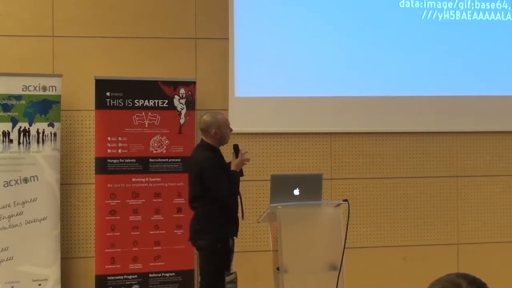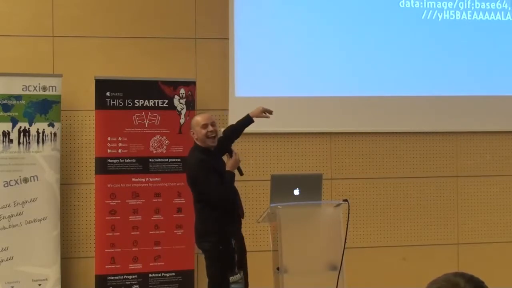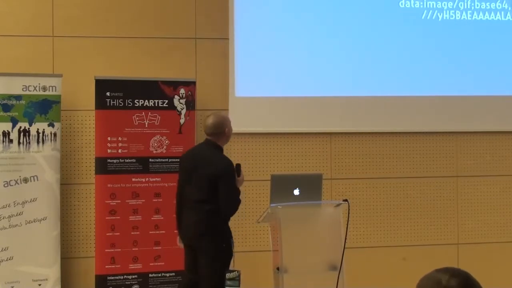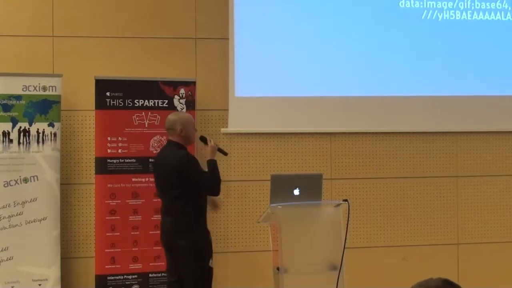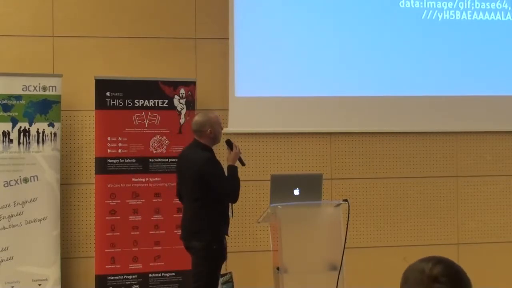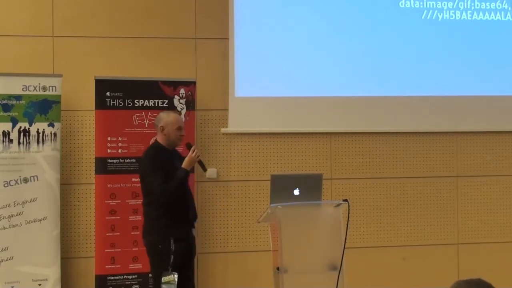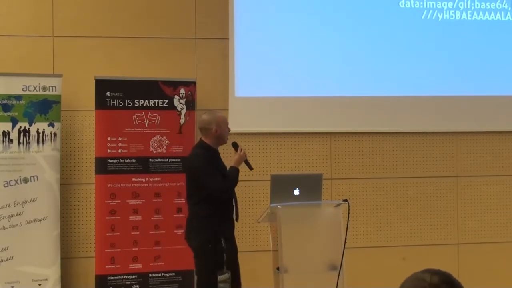You can free the memory by explicitly replacing the image. If you replace the image with something like a data image base64, sorry about that, a 1 pixel by 1 pixel transparent image, then you will force the memory cleanup.